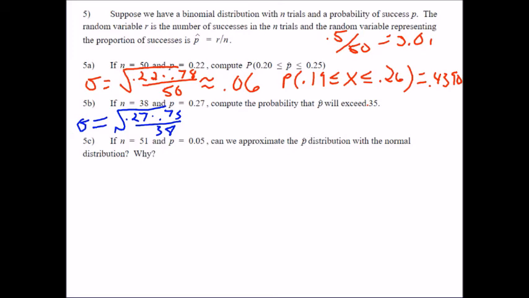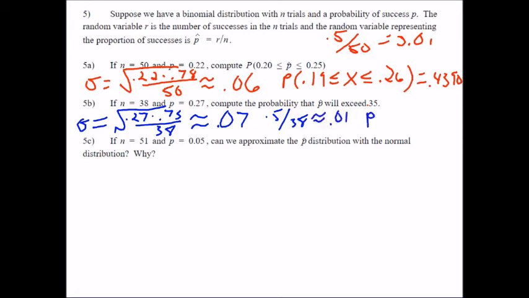So square root of 0.27 times 0.73 divided by 38 is about 0.07. Continuity correction, I'm going to do 0.5 divided by 38 this time. So again, about 0.01.